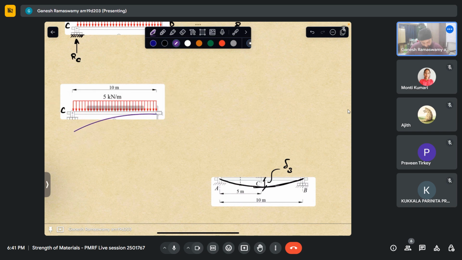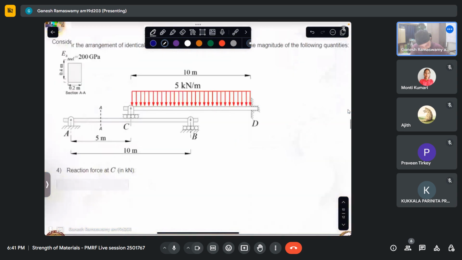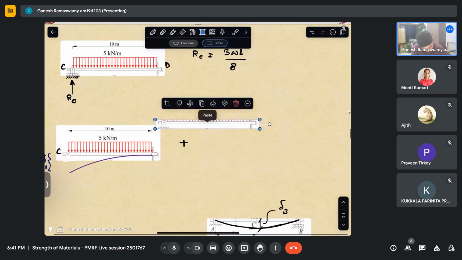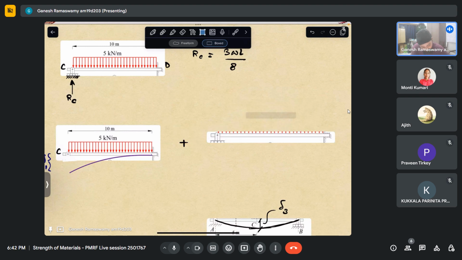So this is delta 1 plus, and I should actually remove the roller here. That is when that will be delta 1. So this plus, let me just take the beam alone here. And I'm disregarding the load here. So I hope you're able to bear with that.